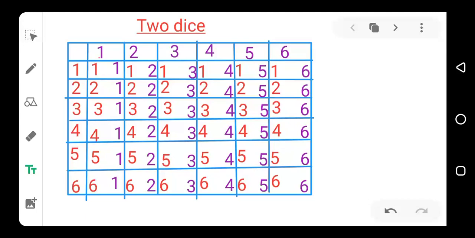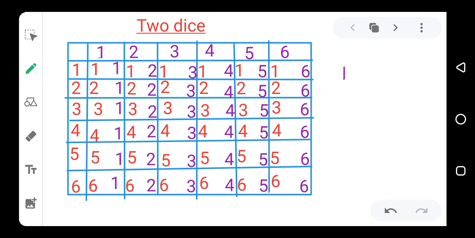To draw this, you arrange the sides of each of the dice in a vertical and horizontal pattern. Since we have only two dice and a die has 6 sides numbered from 1 to 6, we pick the first one.